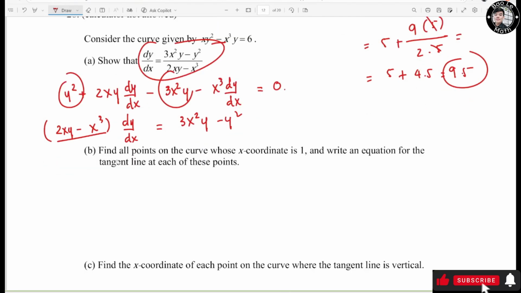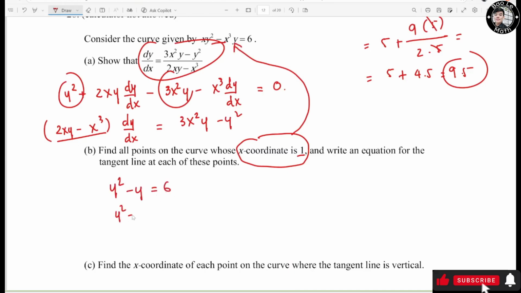Now question B. Find all points on the curve whose s-coordinate is 1 and write an equation for the tangent line at each of these points. So given s-coordinate is 1, substitute 1 for s over here, you solve for y, right? So we have y squared minus y equals 6.